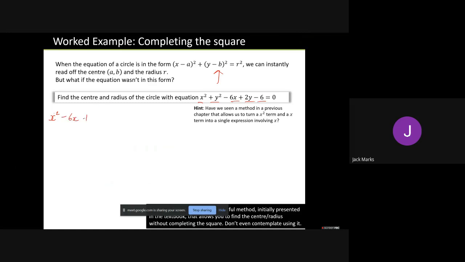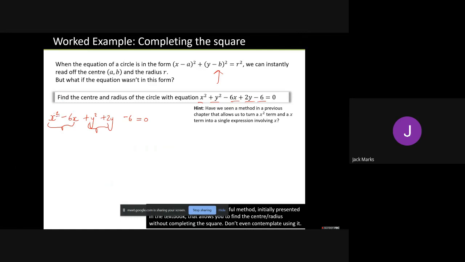The y is now y squared plus 2y. And yeah, we'll leave the minus 6 there as well, equal to 0. So I can actually complete the square on the x part and the y part. And this is a good way to make the expression more compact.